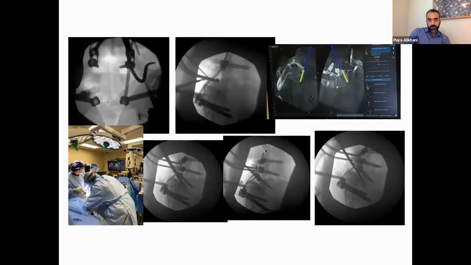Then we started to reduce her slightly. As you can see, I put my L5 screws only under navigation because it was really hard to find that pedicle. I was able to bring her to about between a grade 3 and 4. That was the time my L5 nerve would start to give me a hard time.